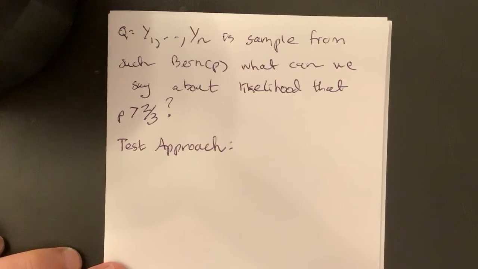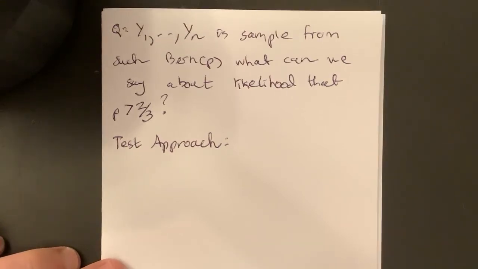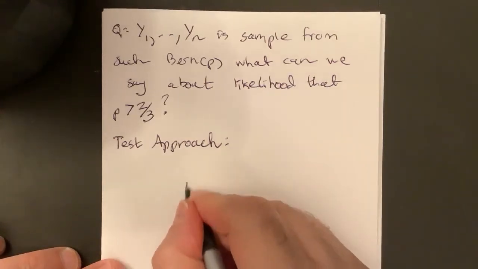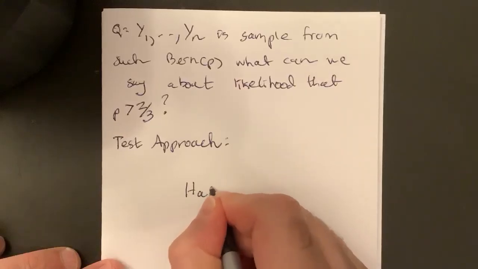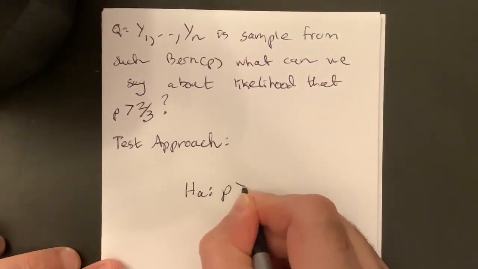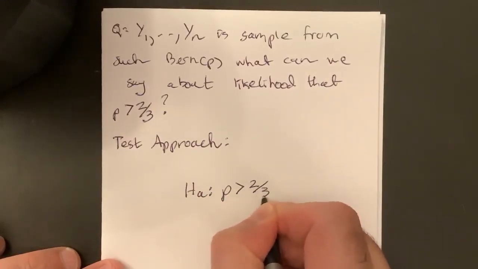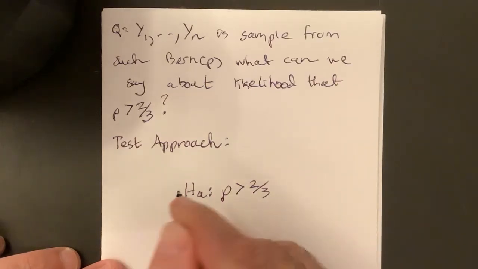So if I want to argue that P is greater than 2/3, suppose I want to show that P is greater than 2/3, then I will make that my alternative hypothesis. So I'll have HA: P greater than 2/3. I call this the alternative hypothesis.